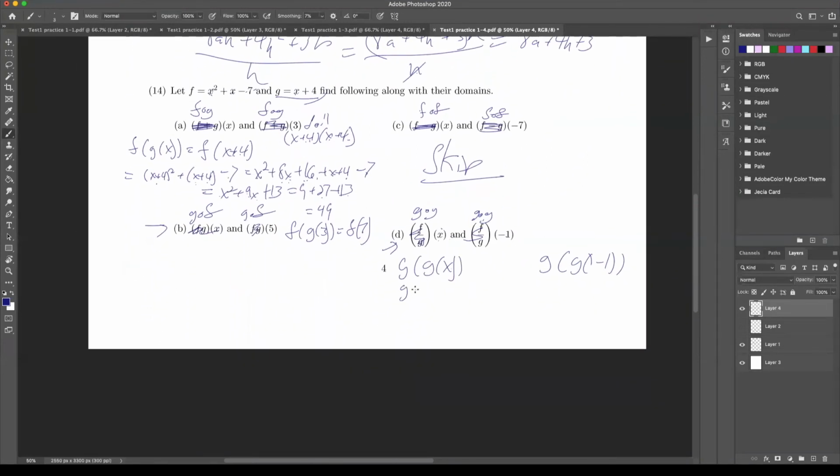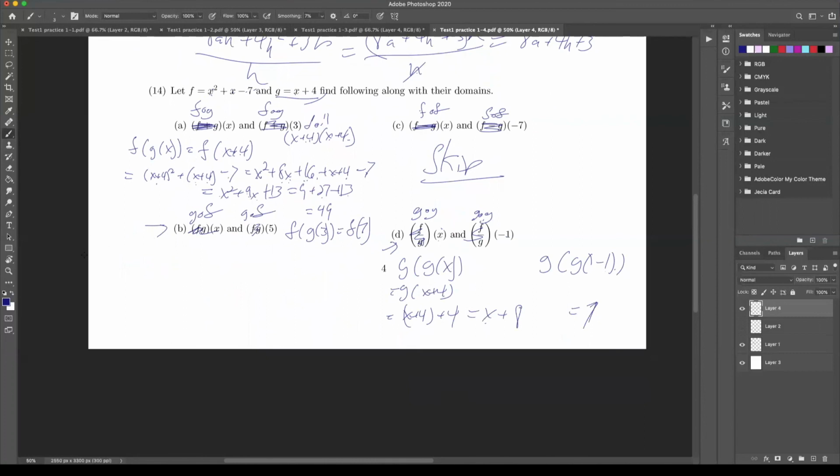Well, g of x is x plus 4, and if I plug that in, I'll have x plus 4 plus 4, which gives me x plus 8. And then here I can just use this, the quickest way. If I plug in minus 1 here, I'm just going to get 7.